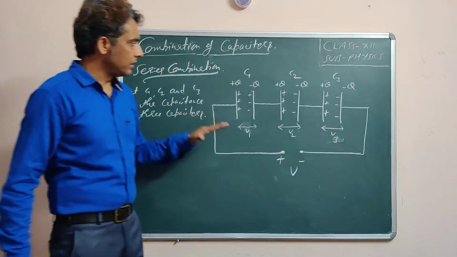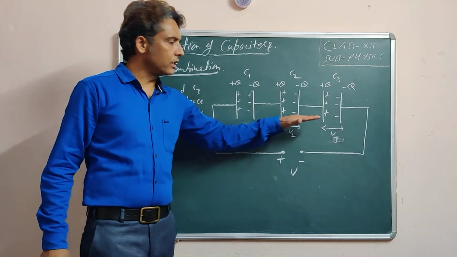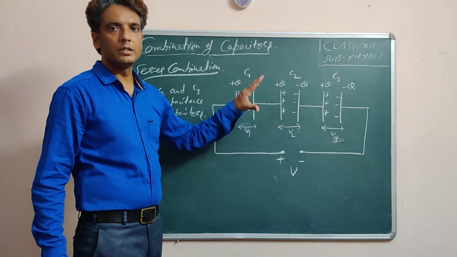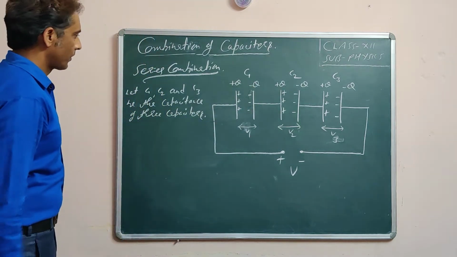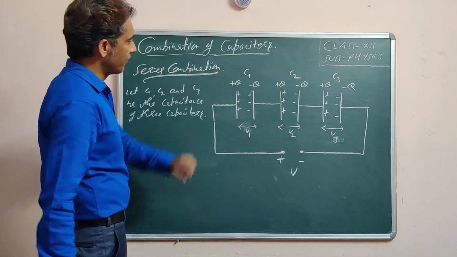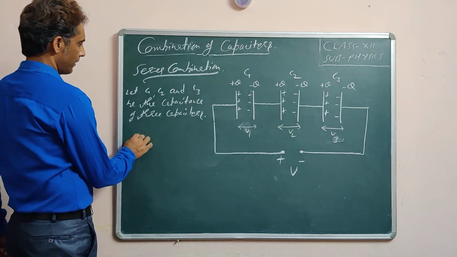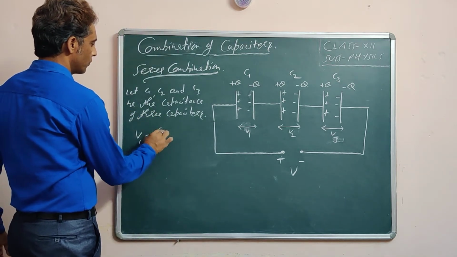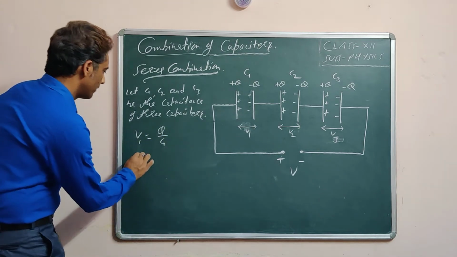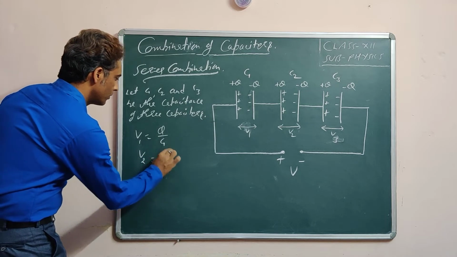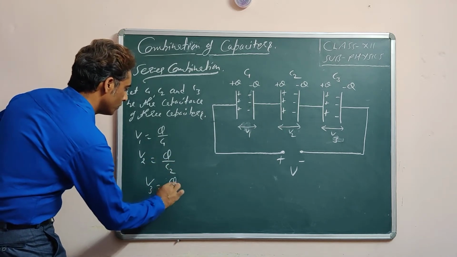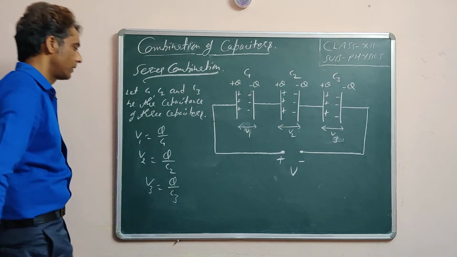Now here, since the capacitors are connected in series, so charge on each capacitor is same. So we can write, if we want to write this V1, V1 is equal to Q over C1. Similarly, V2 is equal to Q over C2. V3 is equal to Q over C3.